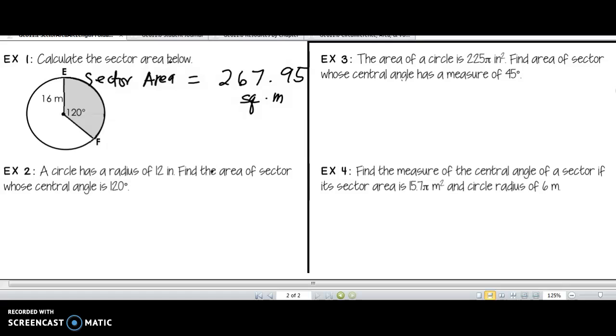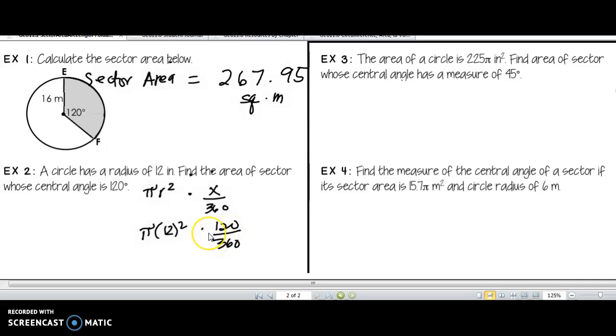In example 2, the circle has a radius of 12 inches. Find the area of the sector whose central angle is 120 degrees. So let's use the formula pi r squared times the central angle, which is x, over 360. The radius is 12, so pi 12 squared times 120 over 360.